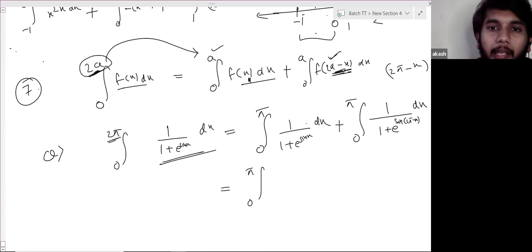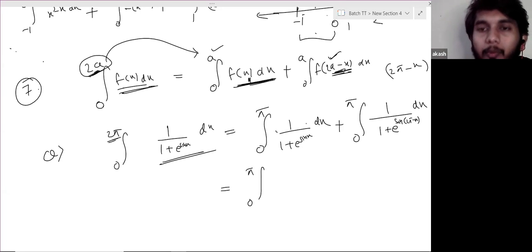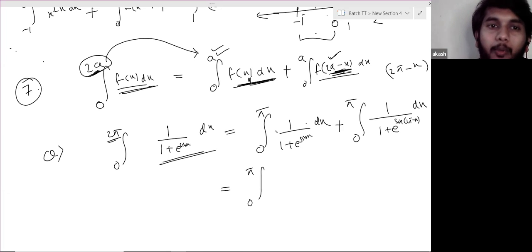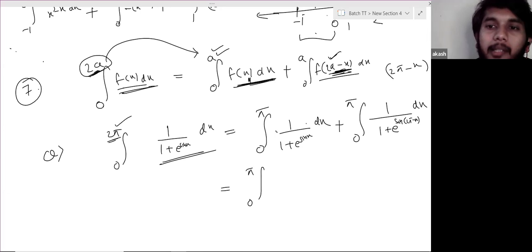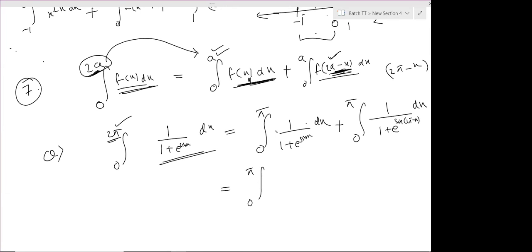So 0 to a f of x dx. In the first term, everything remains the same. But in the second term, you replace x with upper limit minus x, that is 2a minus x. Same thing we did here, we replaced x with 2 pi minus x.